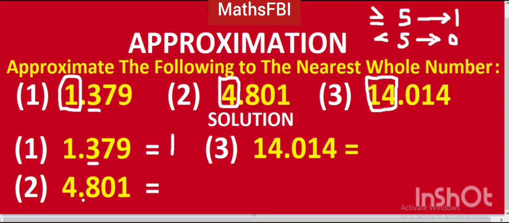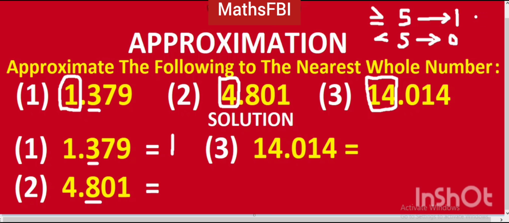Then question number 2, the number to the right, which is 8, is it less than or greater than 5? Obviously, it is greater than 5. It follows the first principle here.